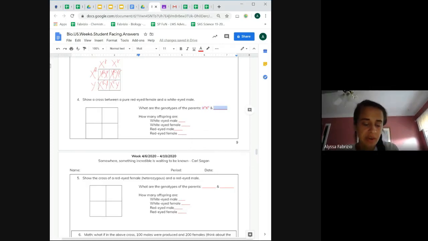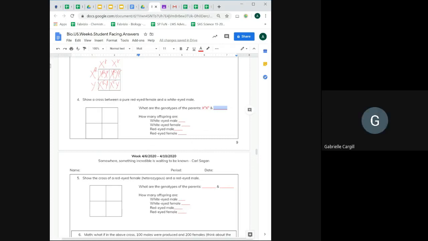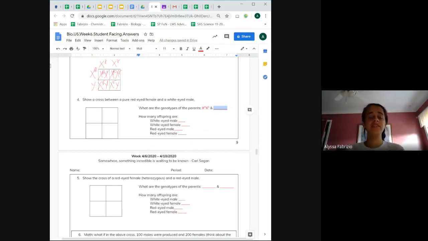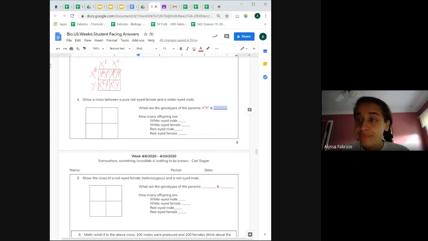What about for our male? What does he look like if he's got white eyes? What is his genotype? Heterozygous? Remember, he's a male, so he can only have 1 copy of the allele because he's only got 1 X chromosome. Is he missing a chromosome? No, he's not.